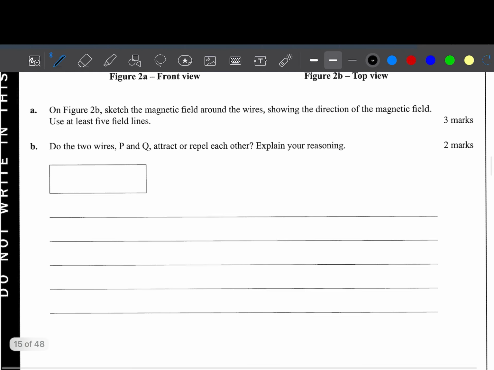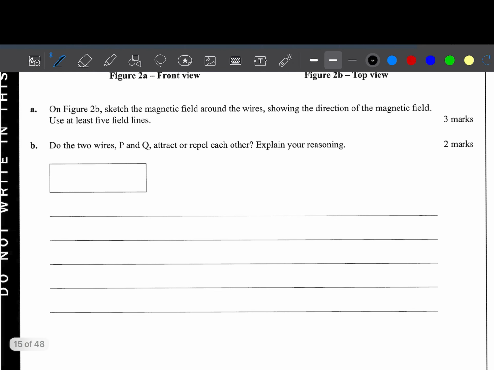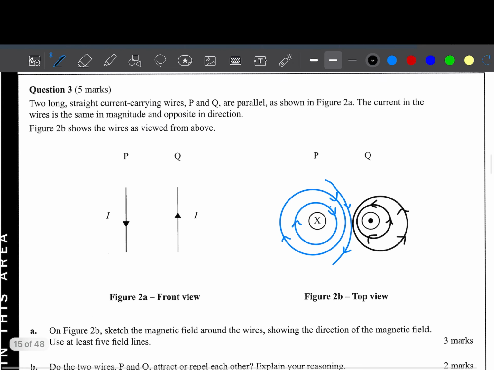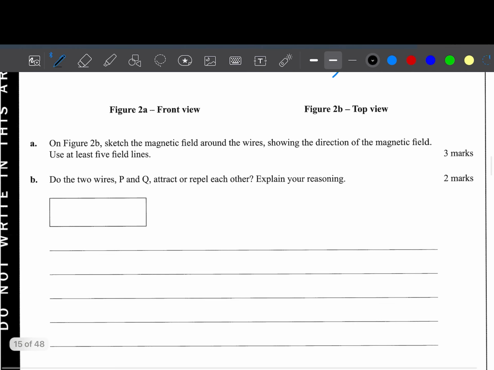So all good. Do the two wires P and Q attract or repel each other? Now they have current flowing in opposite directions, so they will repel.